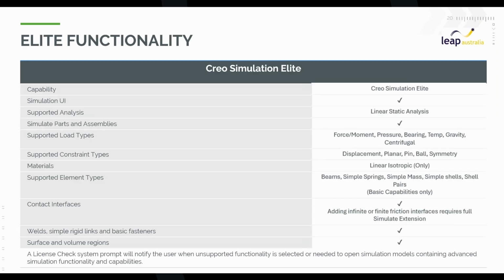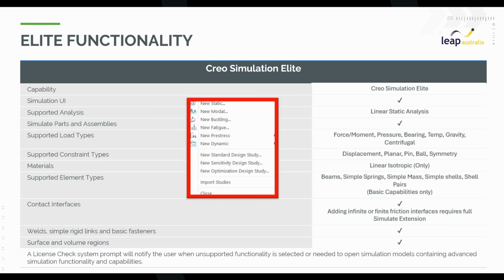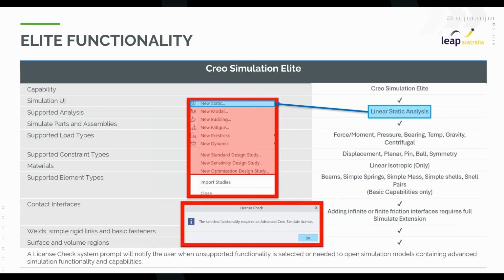Now, when you're actually in Creo Parametric and you've followed all these steps, and then you're about to go and run the study, as Paul had mentioned earlier, with the eLight you get the static structural one included with your subscription. So if you try to pick any of the other ones, it will prompt you a message box like this.